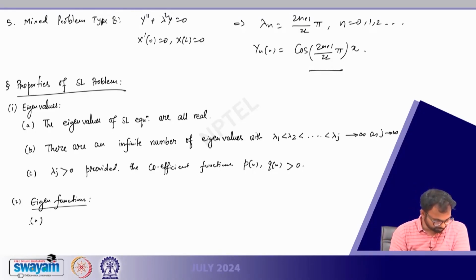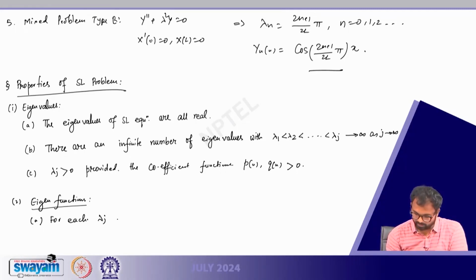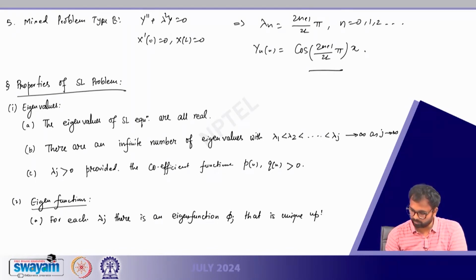A property is, for each lambda j, there exists an eigenfunction phi j that is unique up to a multiplication constant, that means phi j and c into phi j, right.